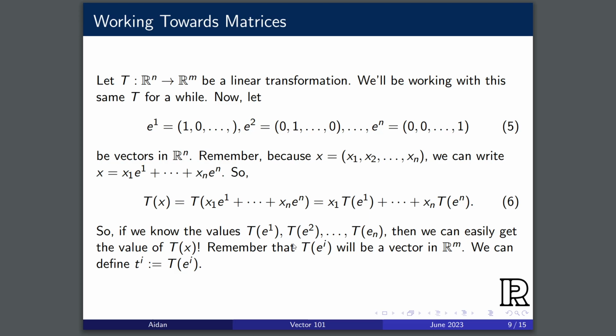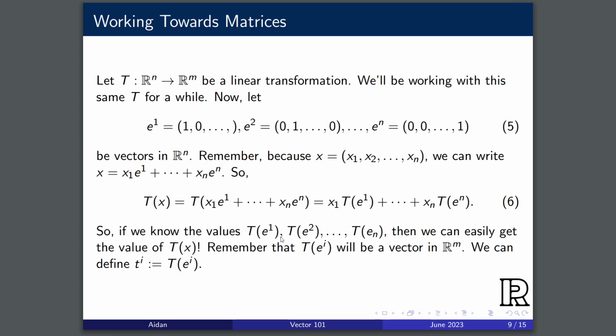If I know these values, oh, this should be a superscript, sorry. If I know these values, then I can actually find T of x for any x I want.